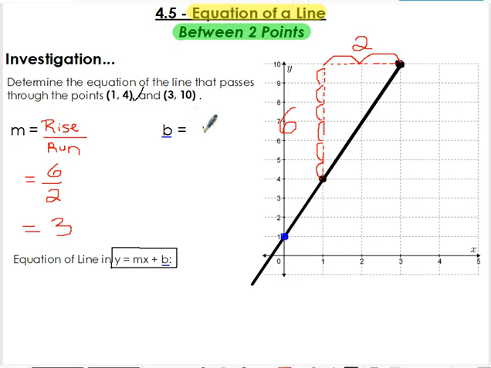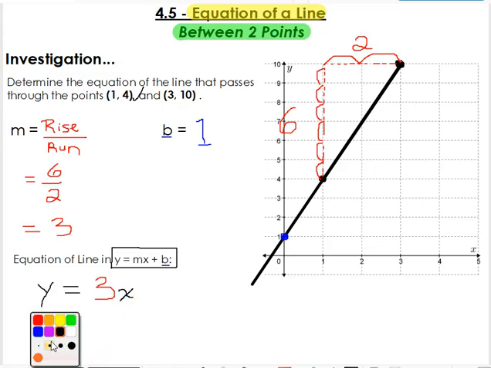So you could say that your b value here is positive 1. So altogether, the equation of this line in y equals mx plus b that goes through the coordinates 1, 4 and 3, 10 is going to be y equals 3, the slope is 3, and we'll put an x beside that. And the y-intercept is positive 1. So the equation of this line is y equals 3x plus 1.